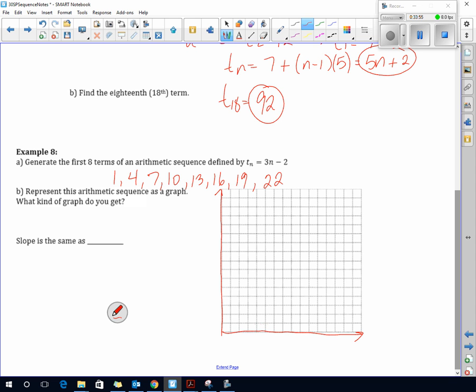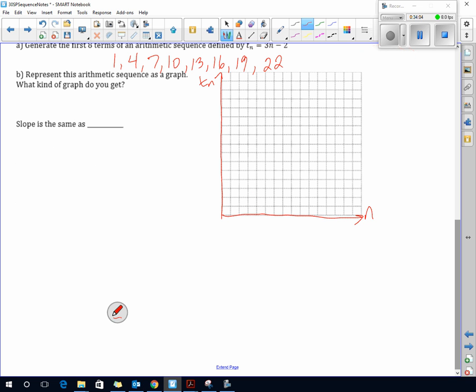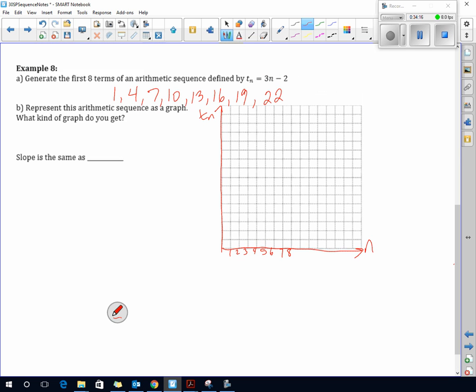So if you want, I can go 1, 2, 3, 4, 5, 6, 7, 8. Will you be able to do this by ones here? 2s. Okay, 2, 4, 6, 8, 10, 12, 14, 16, 18, 20, 22.